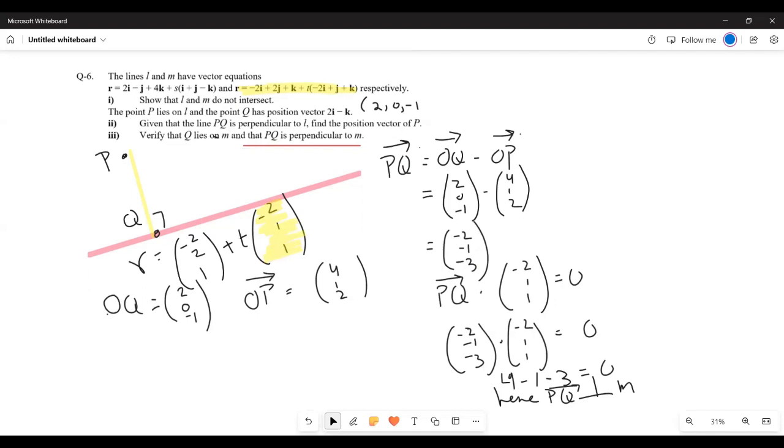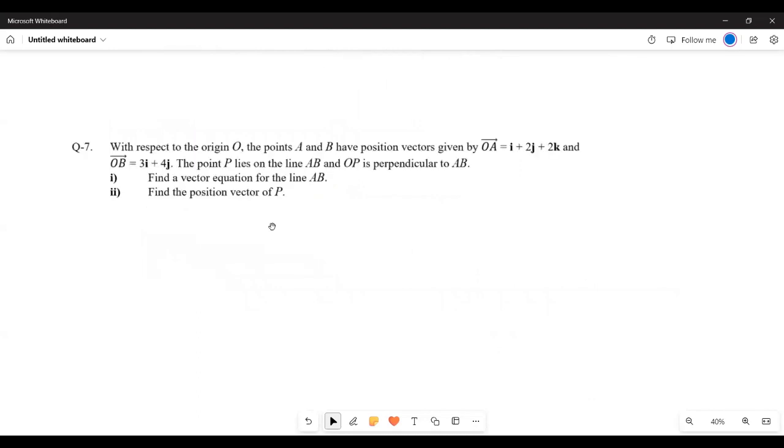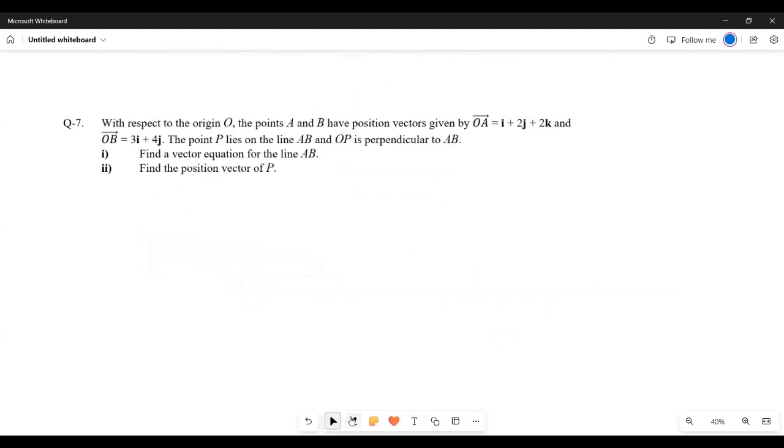Next question. Find with respect to origin O, points A and B. No, sorry, with respect to origin O, the points A and B are this and this. The point P lies on the line AB and OP is perpendicular to AB.